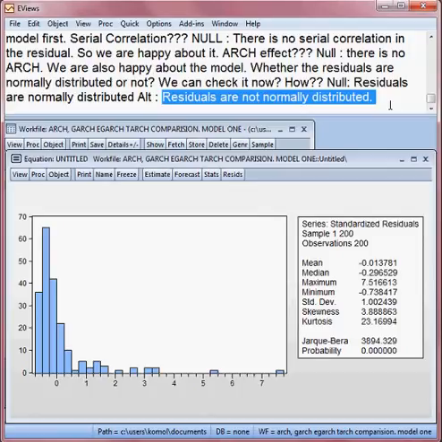Residuals should be normally distributed, but here they are not.